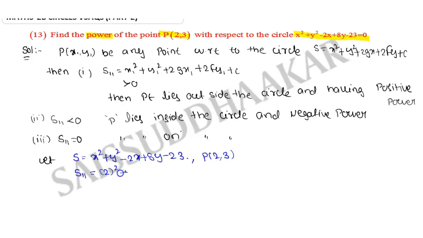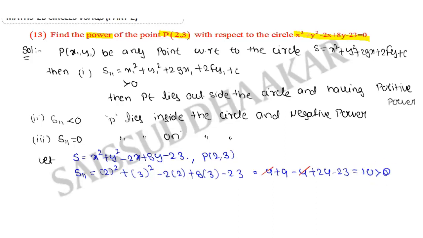So x value 2², and y value 3², minus 2 into 2, plus 8 into 3, minus 23. This equals 4 + 9 - 4 + 24 - 23. So here 4 will get cancelled out. 24 minus 23 is 1, plus 9 is 10. So here 10 is greater than 0.